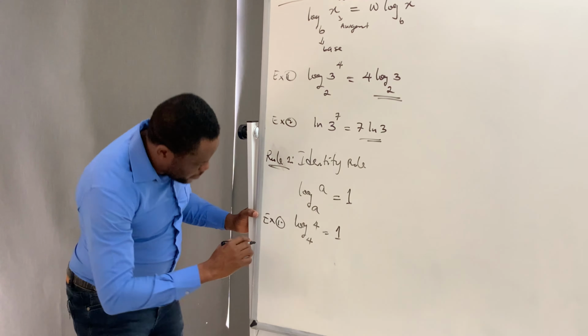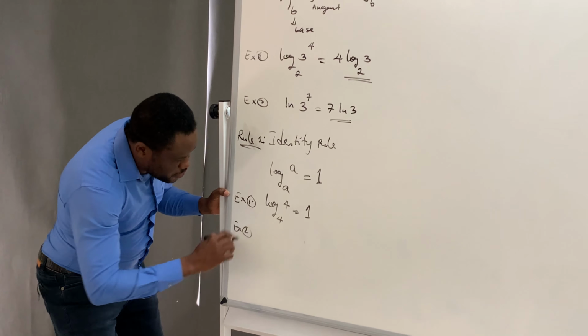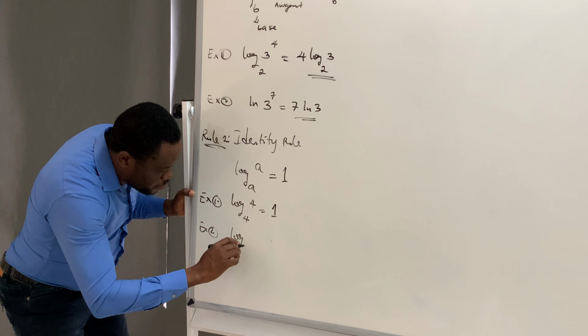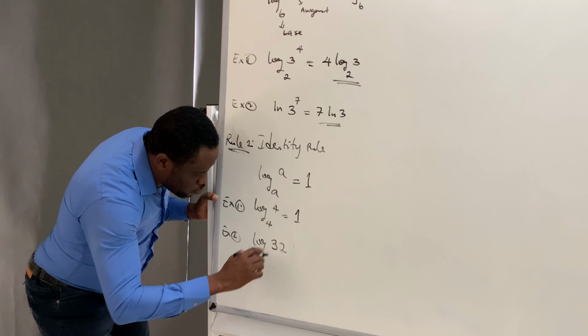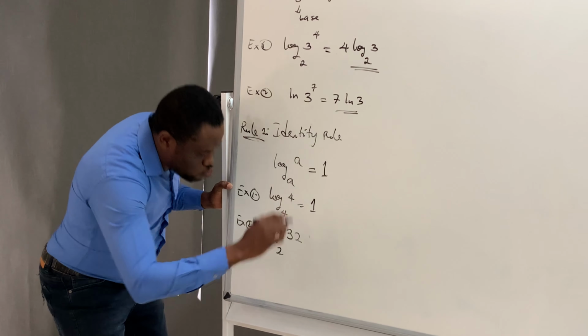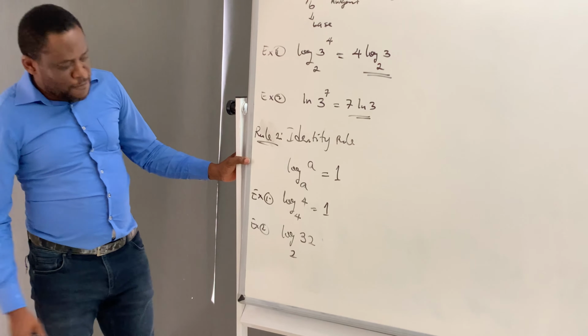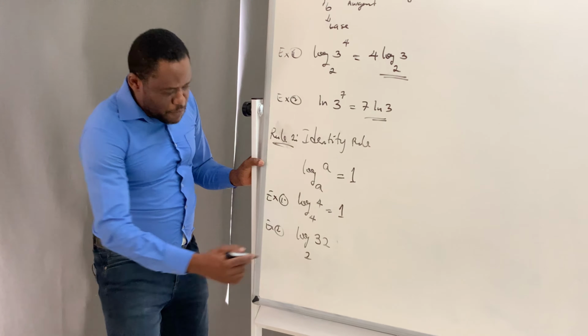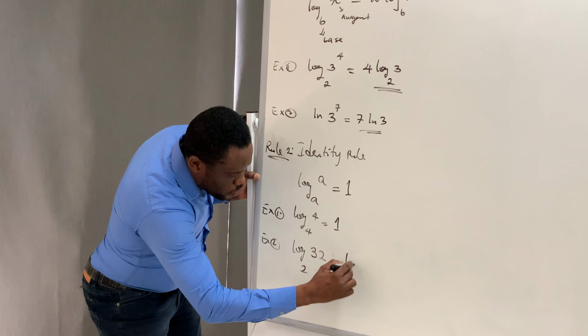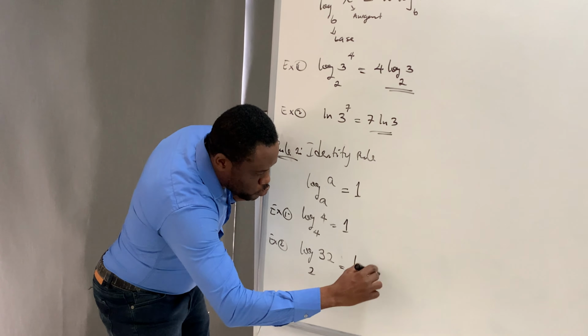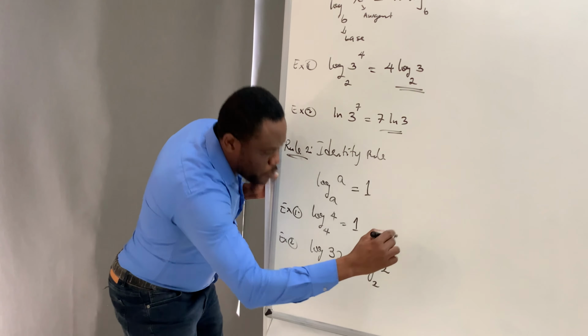Right? Let's make it a little bit easy. Log of 32 in base 2. First, you have to break this guy down. If you break it down, you have log 2 to the power of 5, right? The power says go to the back of the logarithm.